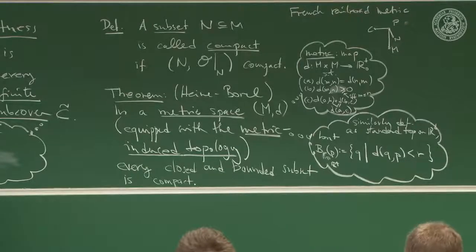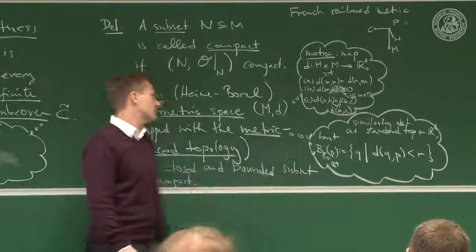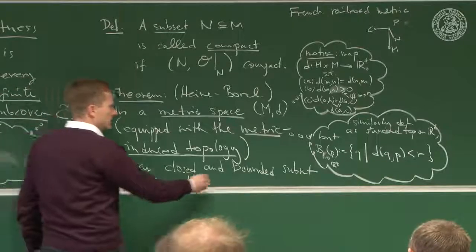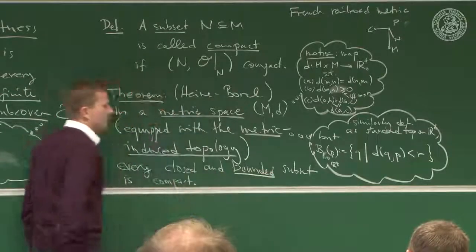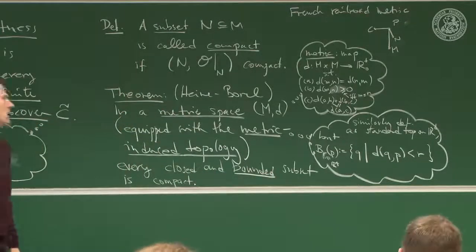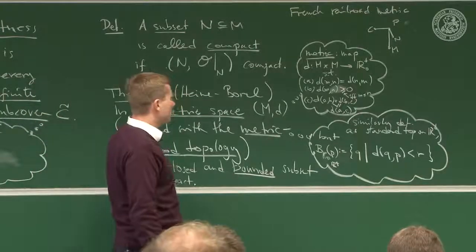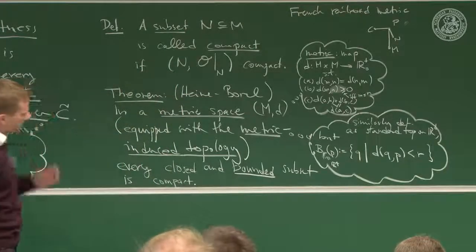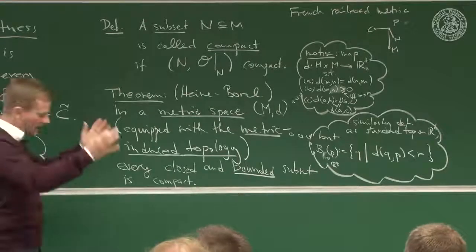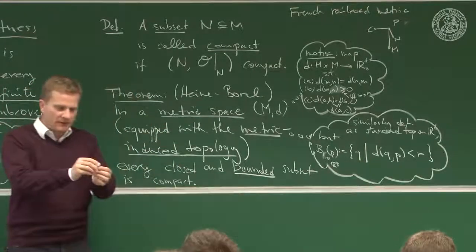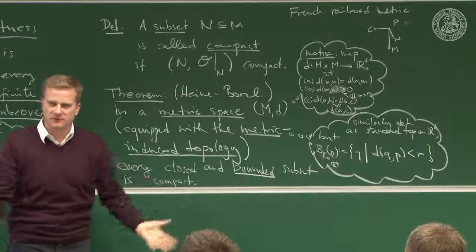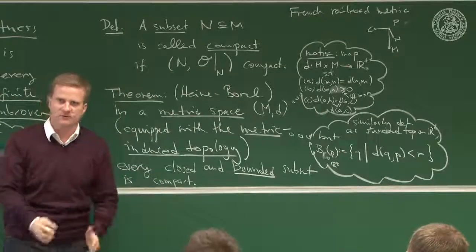Okay, so what a closed subset with respect to some topology is, we know. The question is, what is a bounded subset? Now that is not very difficult. You just find a number such that all the points of this subset lie within, say, a circle of a certain radius that is constituted by that number.